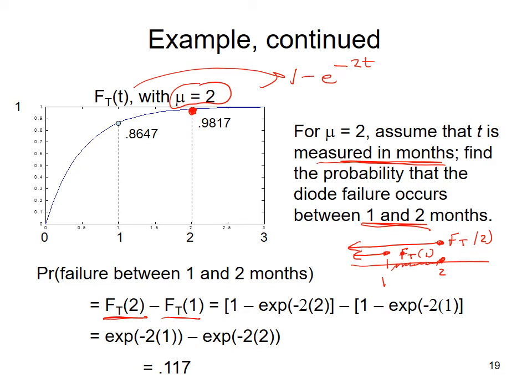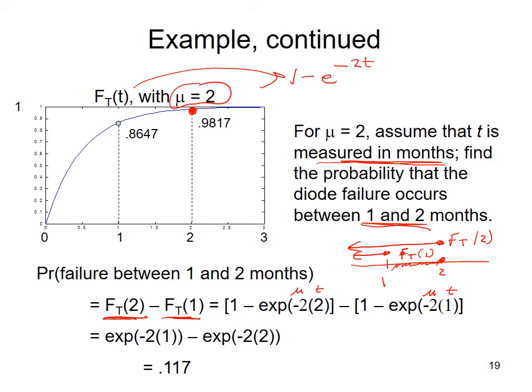Here now I'm plugging in the equation for F_T of 2, 1 minus e to the minus 2 times 2. This is the parameter mu, and here's my specific t value. And then I subtract off F_T of 1. Well, here's the parameter mu, and here's the value t equal to 1.